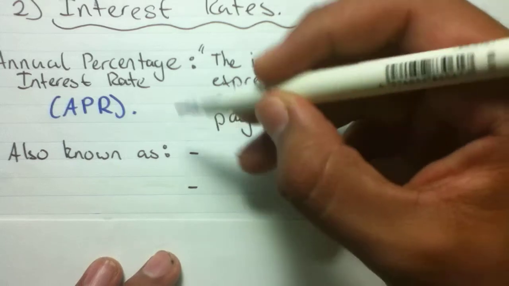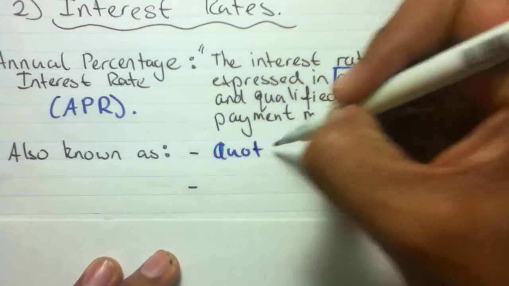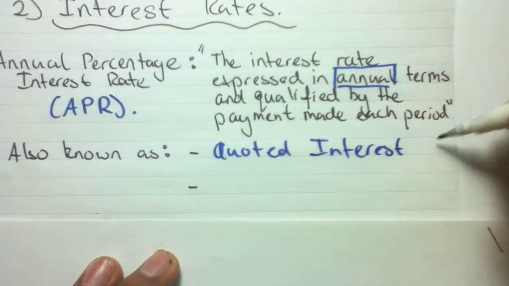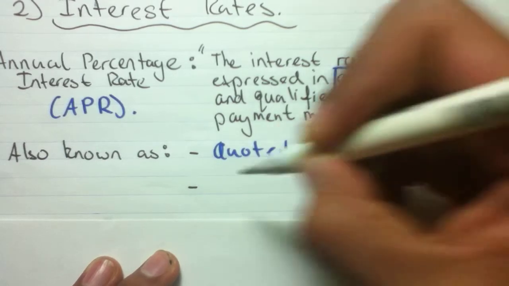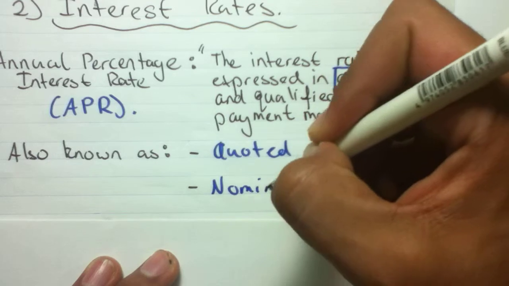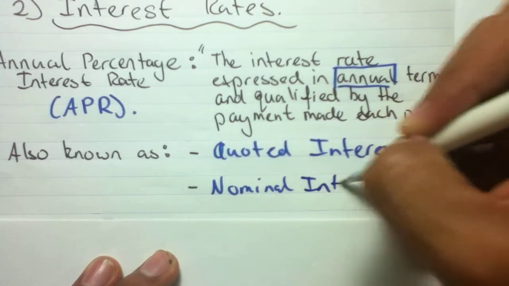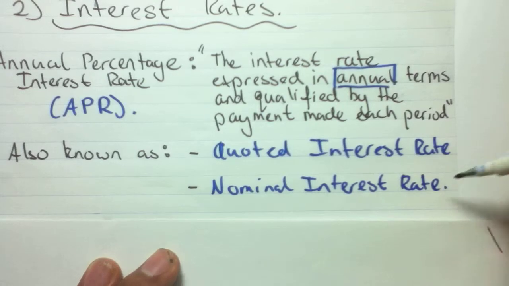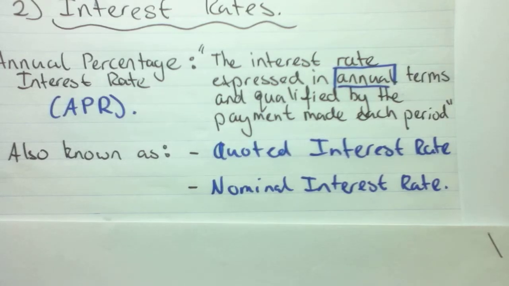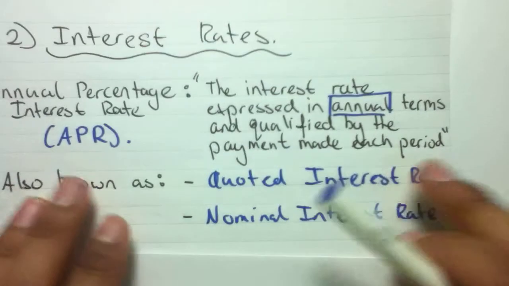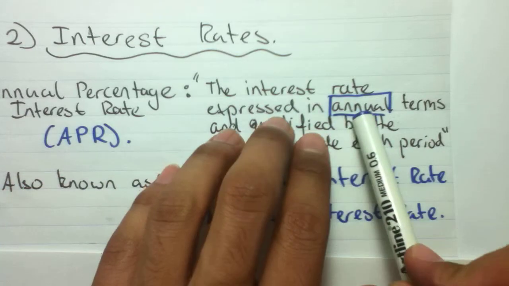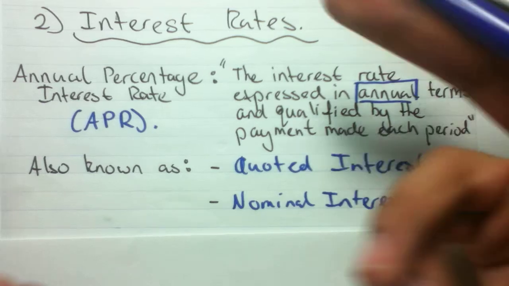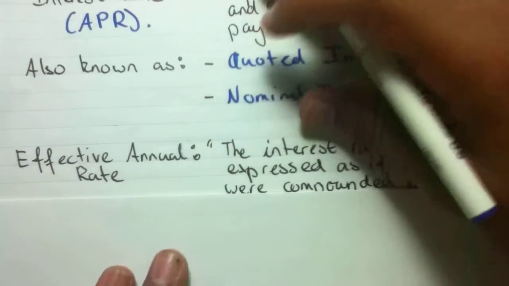It's also known as the quoted interest rate and the nominal interest rate. Okay, the quoted interest rate and the nominal interest rate. So the APR is simply the annual interest rate, your stock standard interest rate. So it's the normal interest rate.